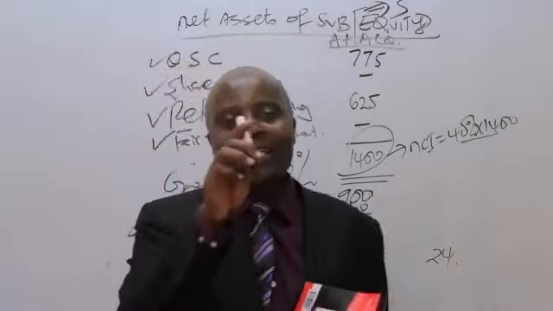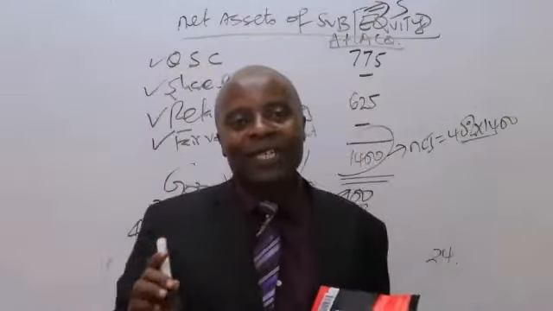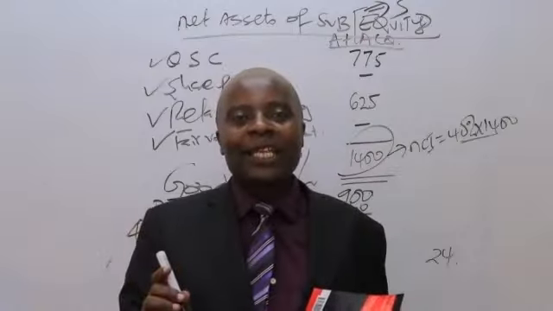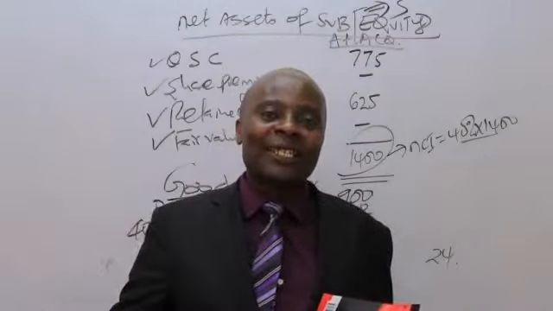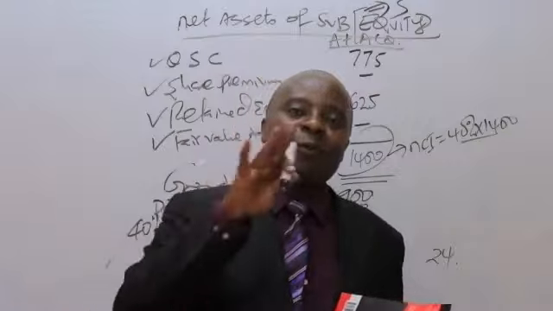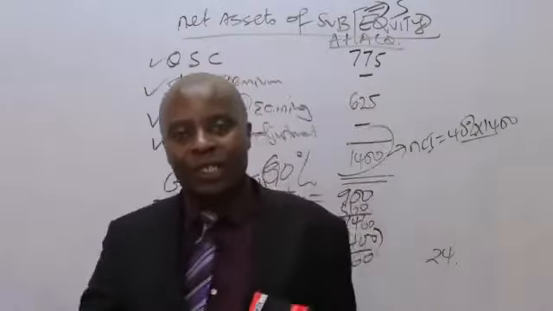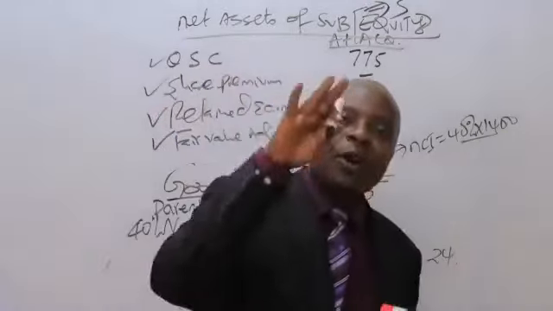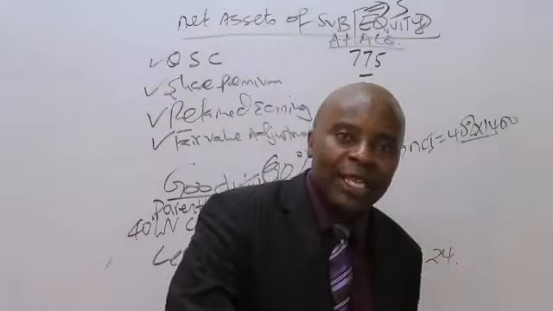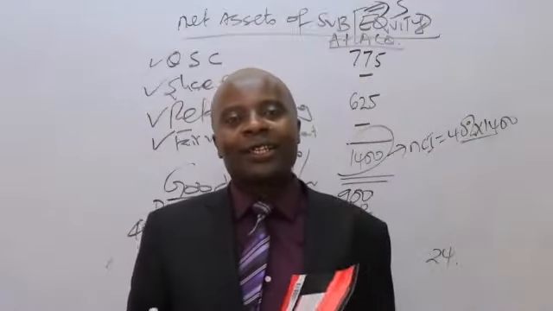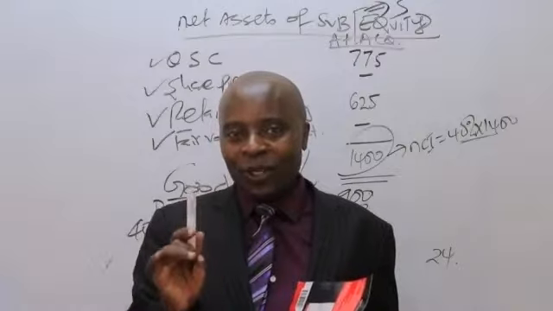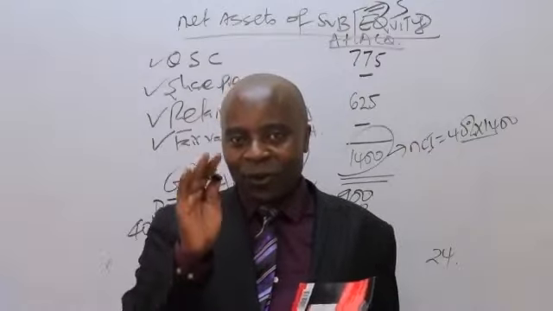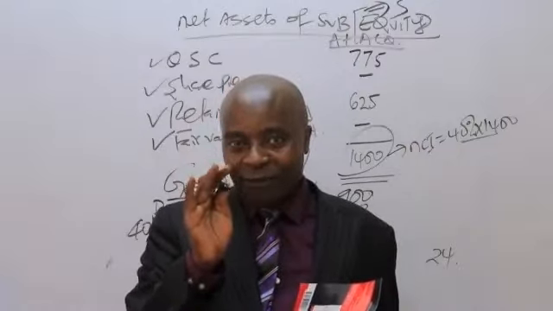I had 60%, I sell 30%, then I'll be left with 30%. A 30% holding is an associate, so I'm moving from subsidiary to an associate. That is what we call movement from control to no control. So you need goodwill for the purpose of getting the gain or loss on disposal of your subsidiary.